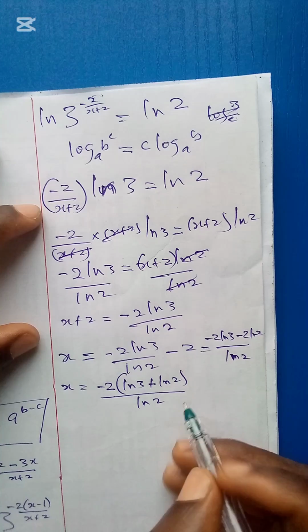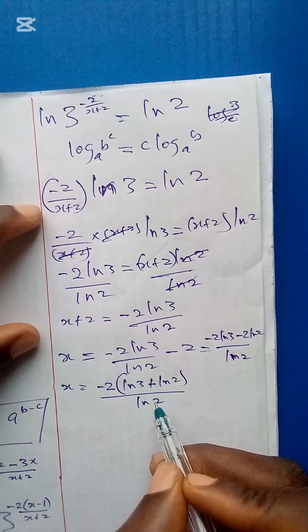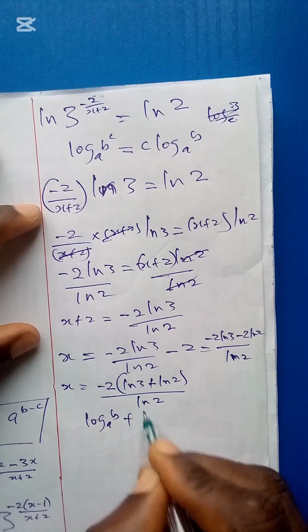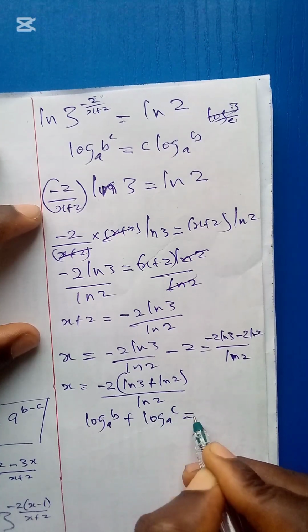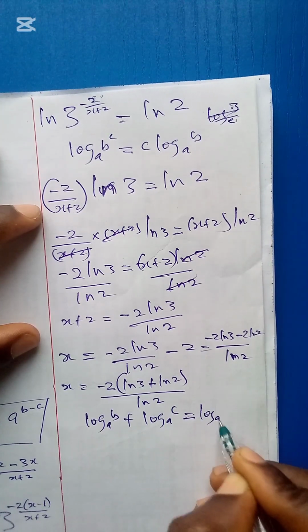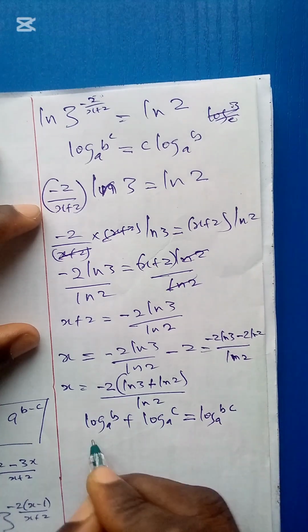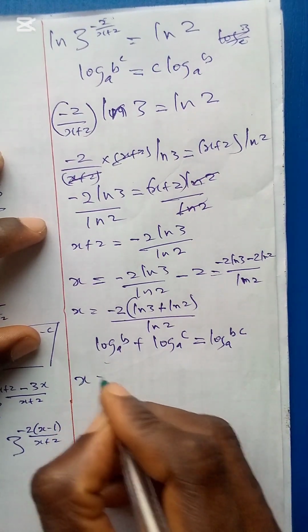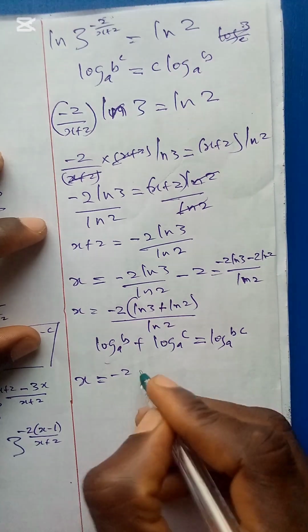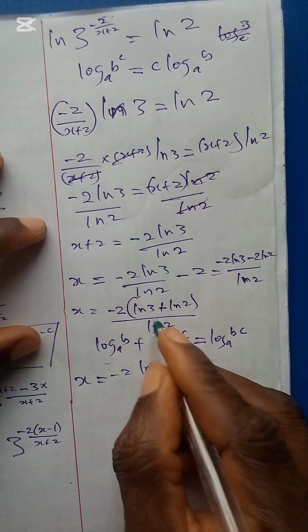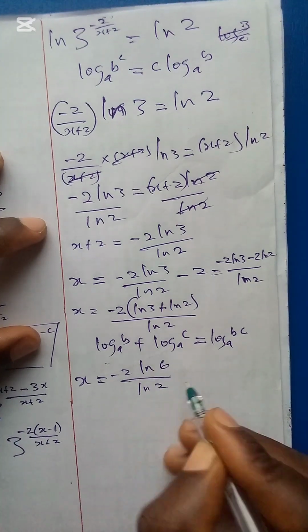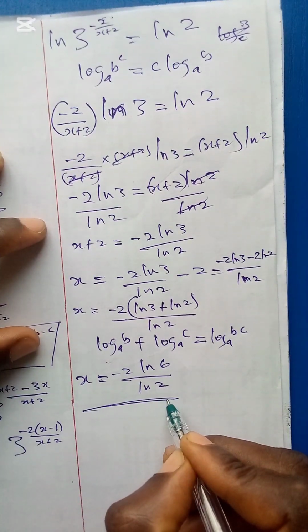Now, according to the addition law of logarithm, if I have log to base a of b plus log to base a of c, it is the same thing as log to base a of bc. This property will be applied in this case. That becomes x equals to minus 2 ln of 3 times 2, which is 6, all over ln2. This becomes the answer.